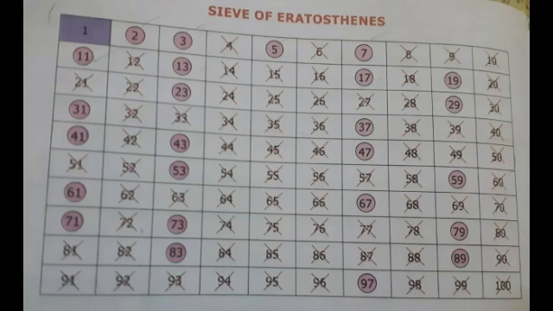Okay, my dear students. In this, the crossed out numbers are called composite numbers, and the colored numbers are prime numbers. The total number of prime numbers from 1 to 100 is only 25.